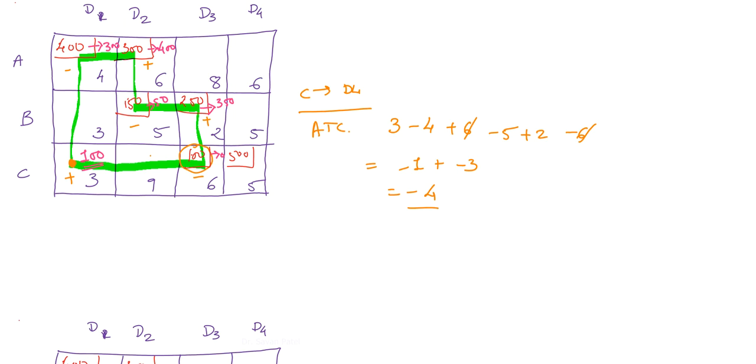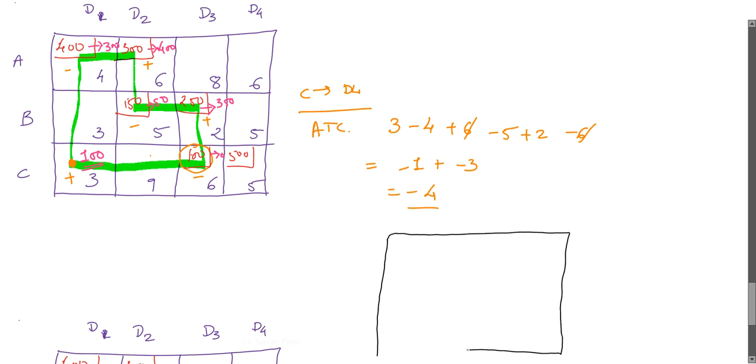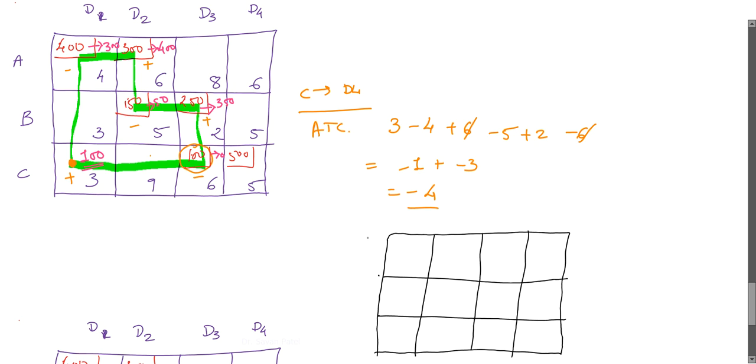So the next, our table after applying all these changes, the table will look like this. Let me draw the table here, and then I will cut and paste it to another place. A, B, C, D1, D2, D3, D4. Let me write first of all the costs, that is same.